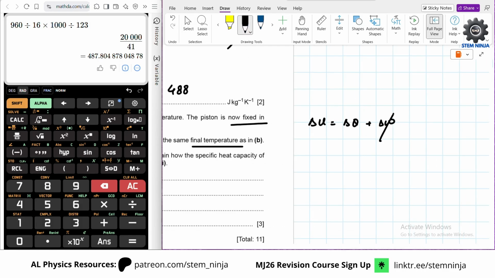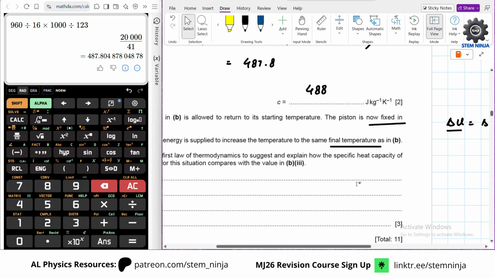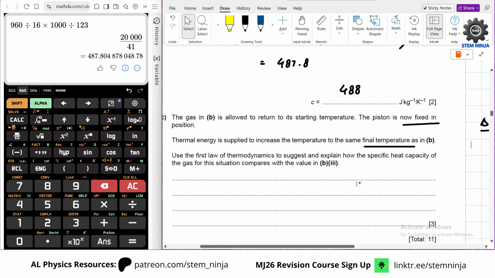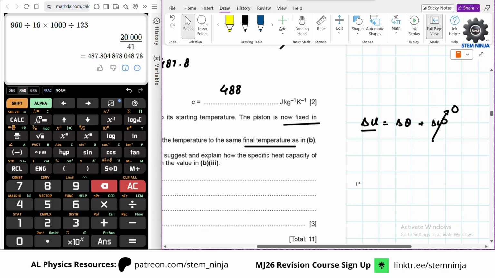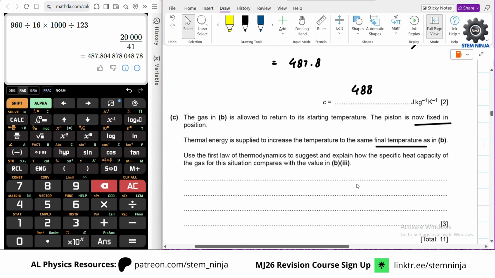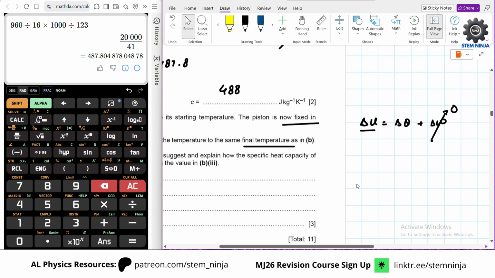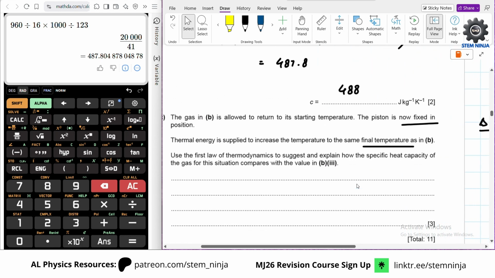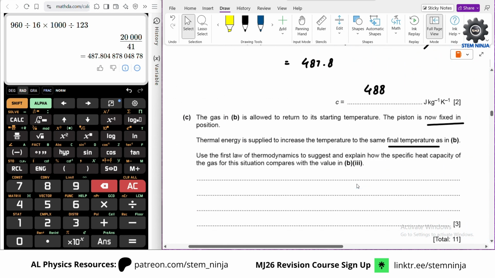So that means this is going to be 0. And since this is an ideal gas, the internal energy change is directly proportional to the change in kinetic energy, right? Now the change in volume is 0, so no work done by the gas or on the gas.